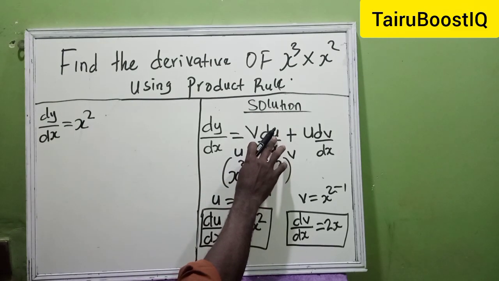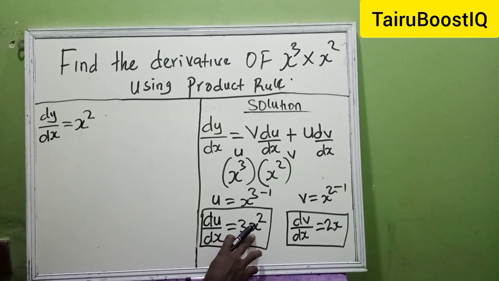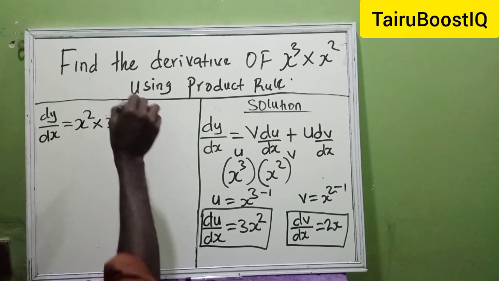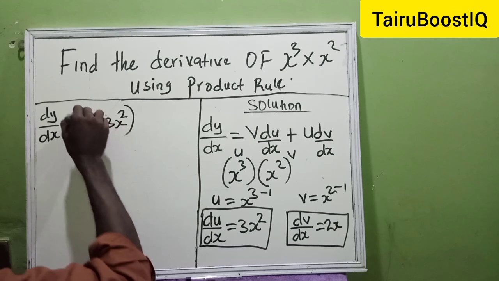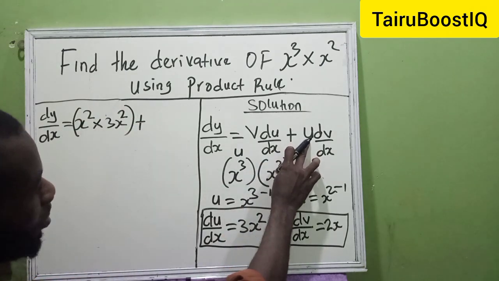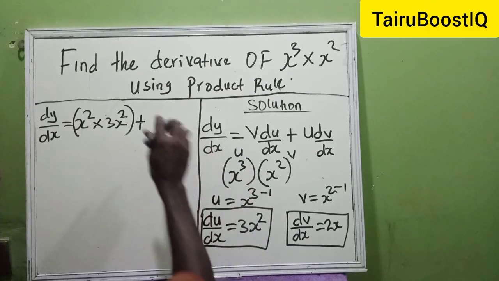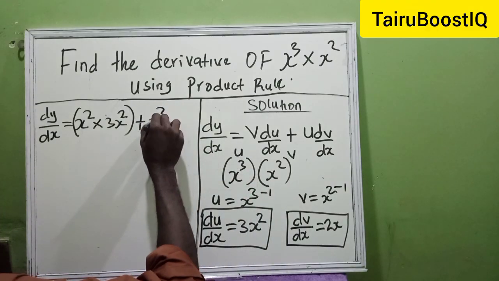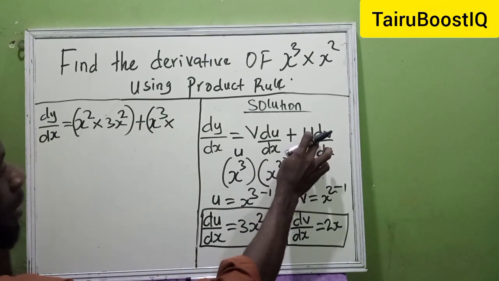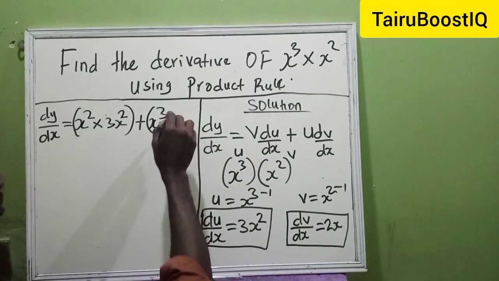Then what is du/dx? du/dx is 3x squared, so we say times 3x squared. We close our bracket. We now put plus. What is our u? Our u is x raised to power 3. We open our bracket times. What is dv/dx?